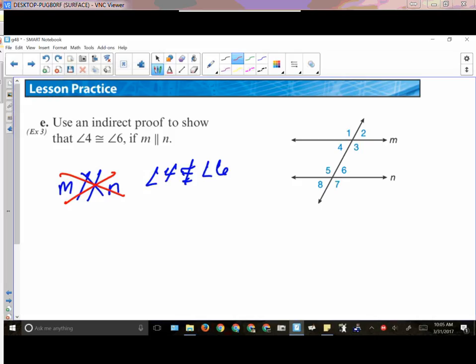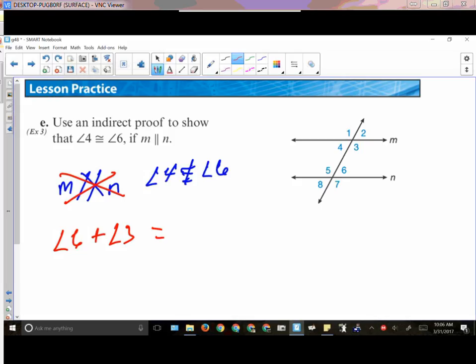Because if I have M and N parallel, what does angle 6 plus angle 3 add up to? 1? 9? No. Angle 6 is a label. Angle 3 is a label. 6 plus 3 do not give us 9. We're talking degree measure here, partner.